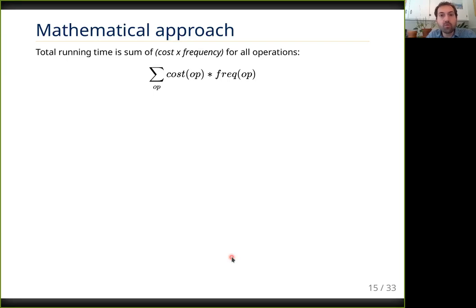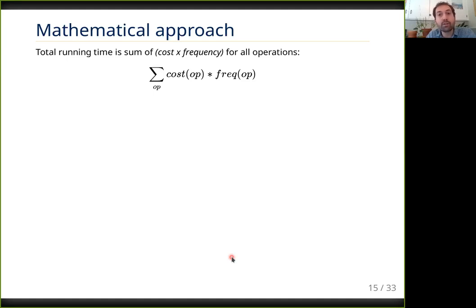By operation, we mean, for example, adding two integers to one another, or multiplying them, or dividing them, or adding floating point numbers, dividing floating point numbers, declaring variables, assigning values to variables, comparing variables to one another, accessing an array, and so on.